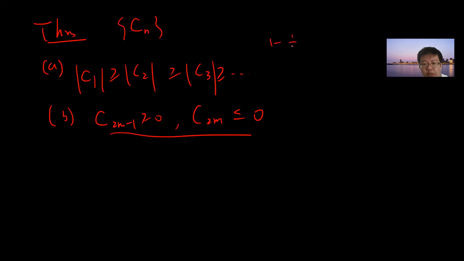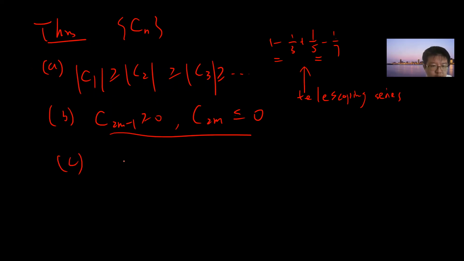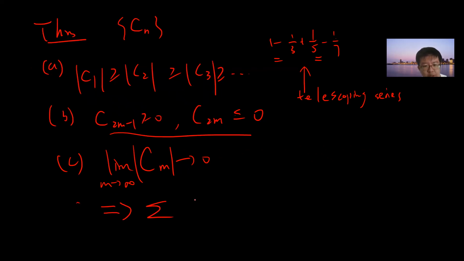For example, the odd term is positive and the even term is negative. This theorem is basically the convergence of the alternating series, and the third condition needs to be that Cn goes to 0 as n goes to infinity. Once you have these, the sum of Cn converges.